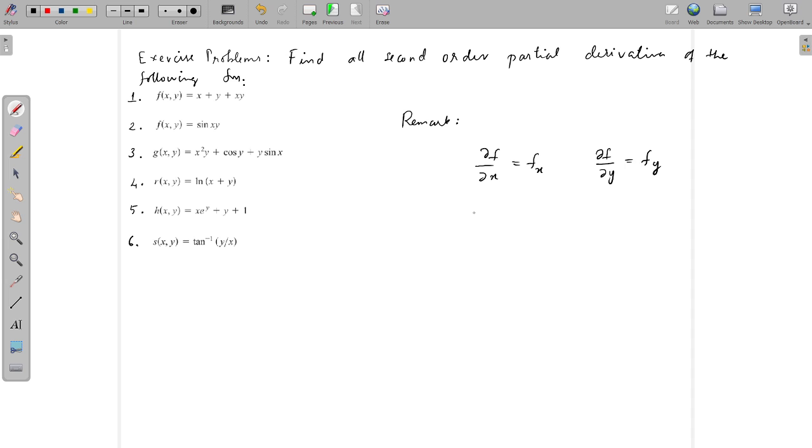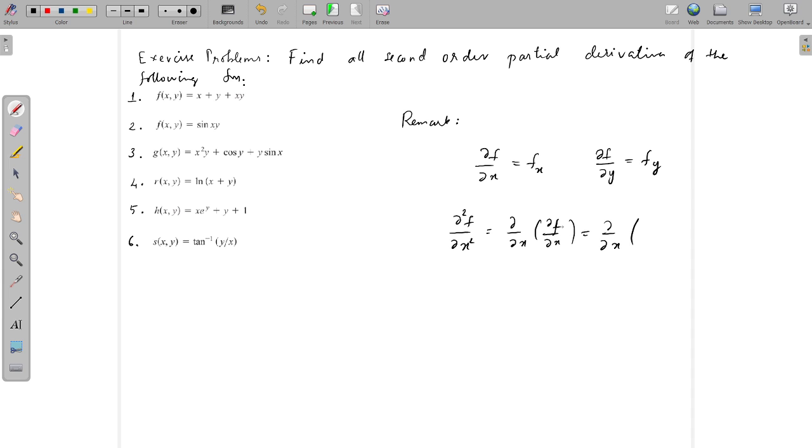Now you have four second order partial derivatives. d squared f by dx squared is obtained by d by dx of df by dx.